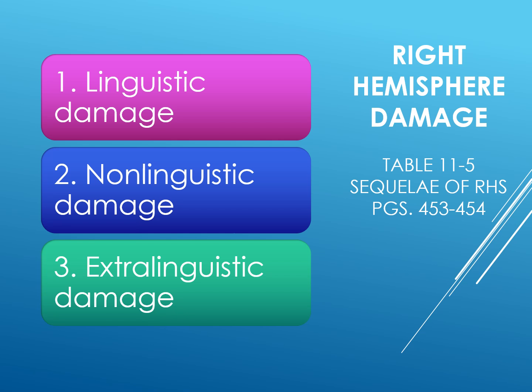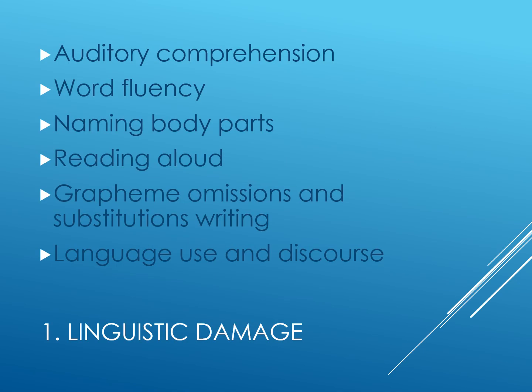We will talk about symptoms in terms of linguistic, non-linguistic, and extra-linguistic damage. With linguistic damage, you'll see the patient does not quite understand everything, especially complex information. These patients with right hemisphere damage will have difficulty following a conversation.